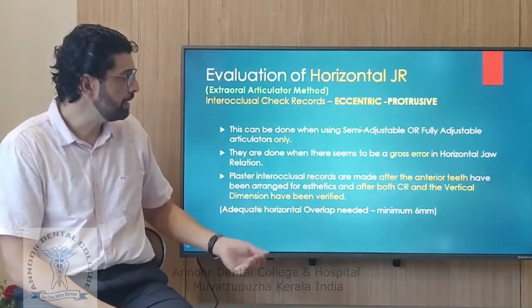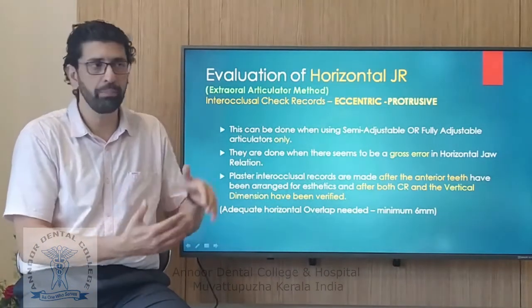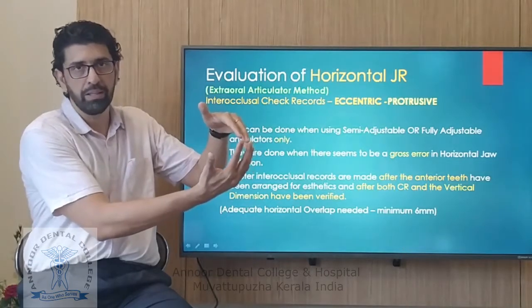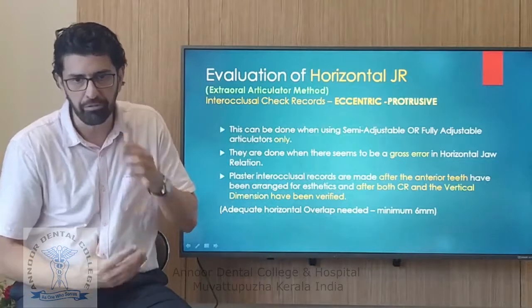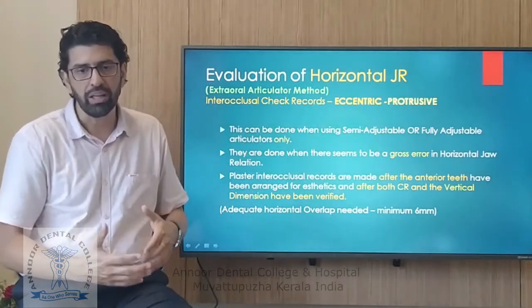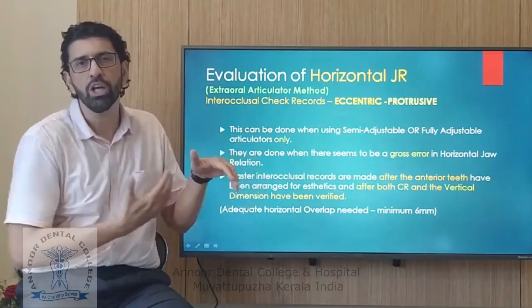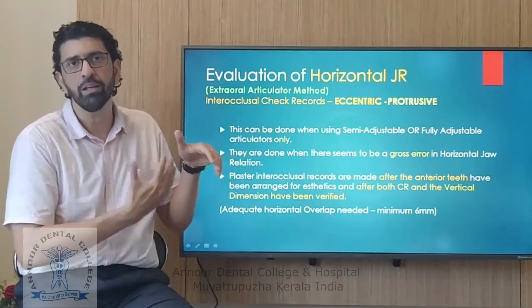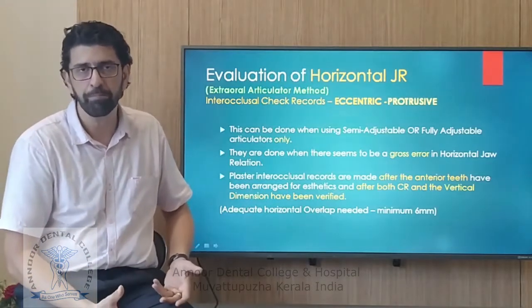Now, what you need to remember here is that if there is not enough space between the protrusion, or the horizontal overlap is not enough for getting a record, then you will have to ask the patient to move the teeth a little further forward. Usually from centric to edge, you will need a distance of at least 6 millimeters, right?